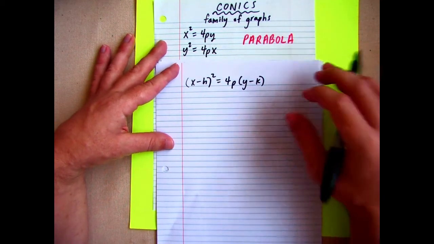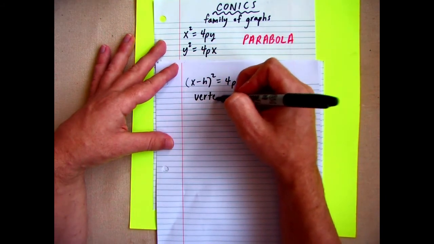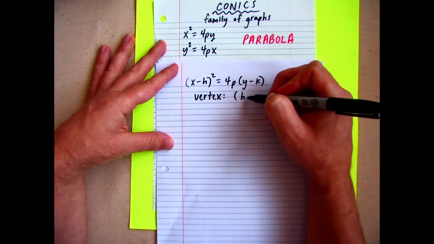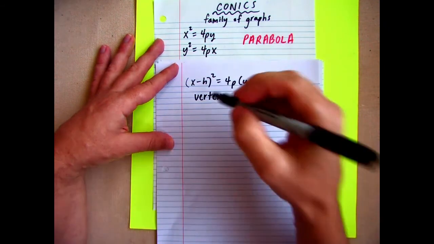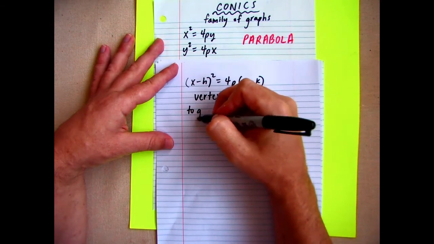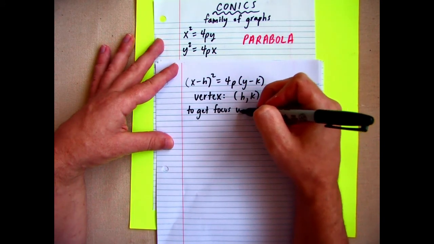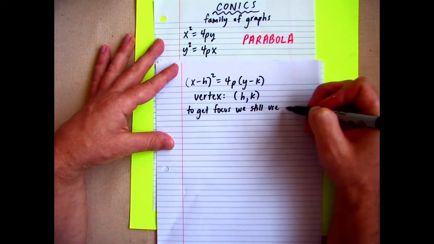So in this parabola form, my vertex is at h, k. Now you still got to be familiar with the previous forms and their characteristics. When x was squared, how did that parabola look? It was either opening up or opening down, right?